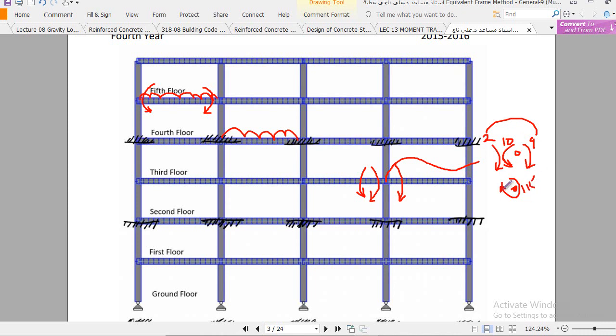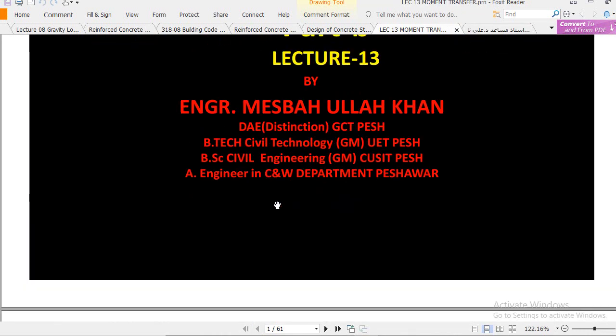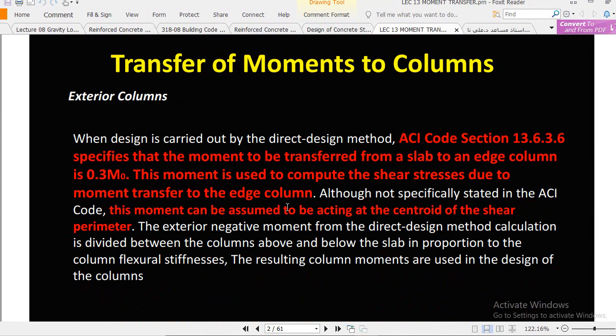So this is the way we basically find out the net moments. This is the whole calculation, and you will see, inshallah, the thorough explanation of these steps. This is just to give you some intro about the topic. Now let's see, we will start the procedure, the lecture. So here you see at the exterior column.